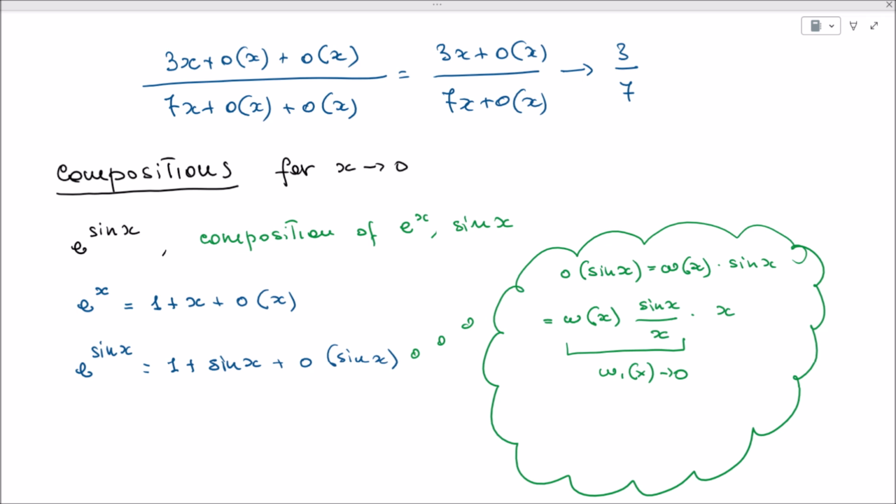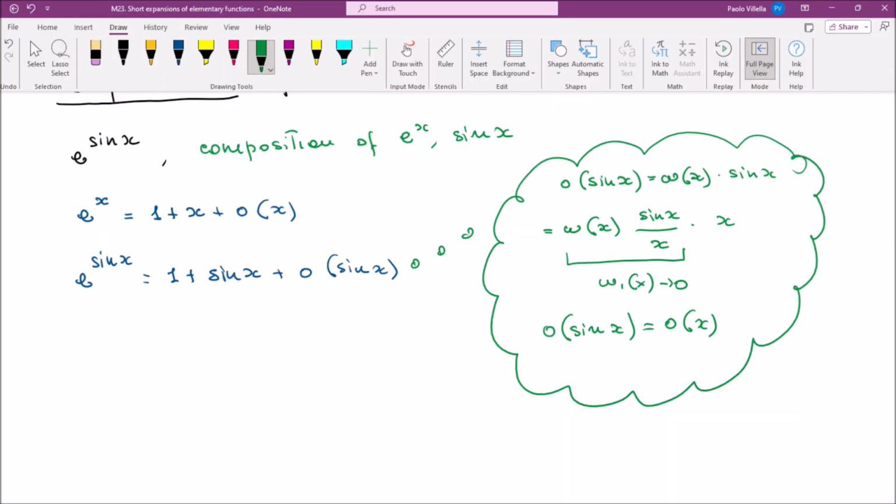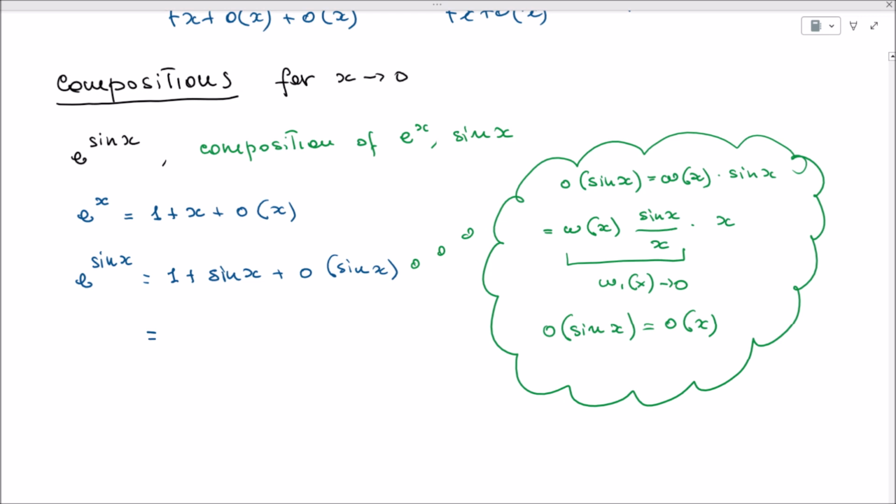So we can conclude finally that o of sine of x is little o of x, and we will be using this now, because now we will be writing 1 plus, well, we are now reusing the expansion of sine of x, and this will become x plus little o of x, and for little o of sine of x, we'll just replace little o of x.